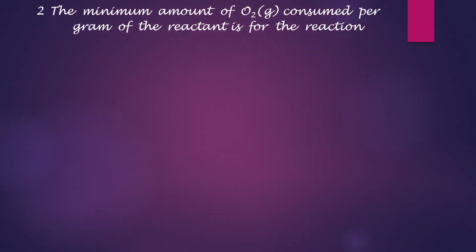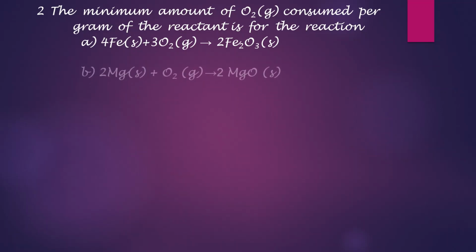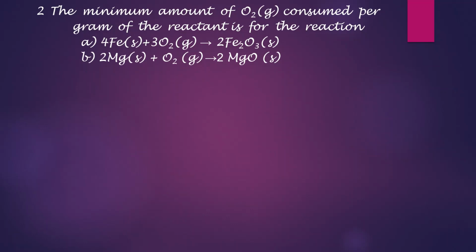The minimum amount of O2(g) consumed per gram of the reactant is for the reaction A. 4 Fe(s) plus 3 O2(g) gives 2 Fe2O3(s). B. 2 Mg(s) plus O2(g) gives 2 MgO(s).